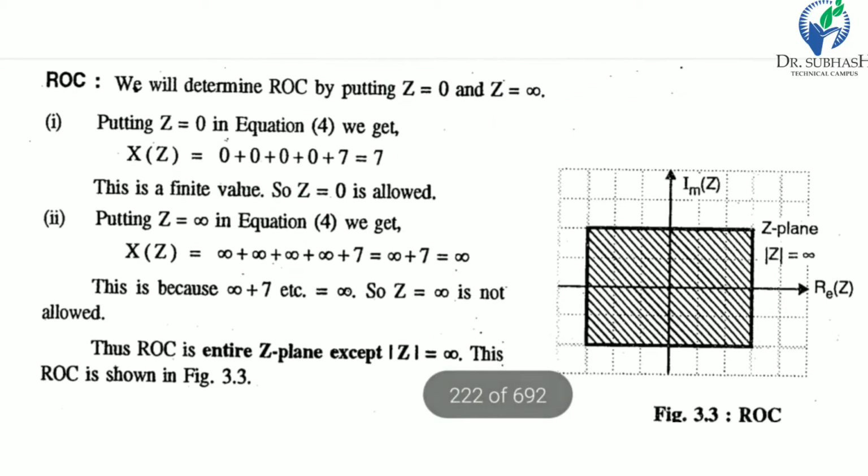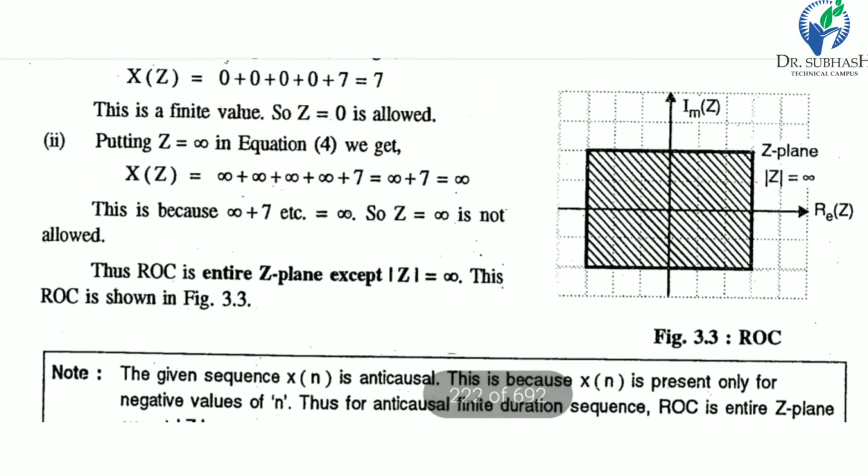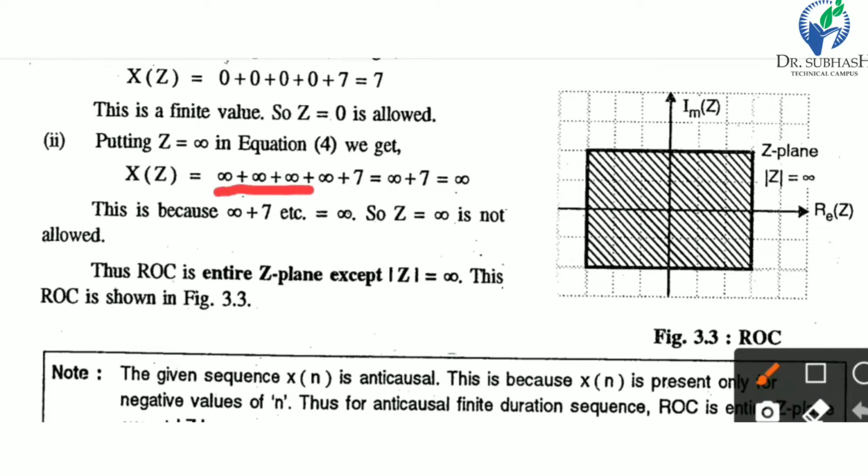Now we put z equal to infinity. So X(z) becomes infinity plus infinity plus infinity plus infinity plus 7. So infinity plus 7 equals infinity. This is because whatever value we add to infinity, it is infinity. So z equal to infinity is not allowed.